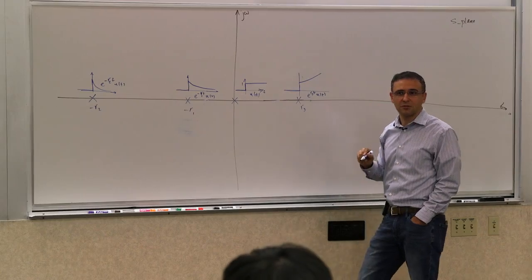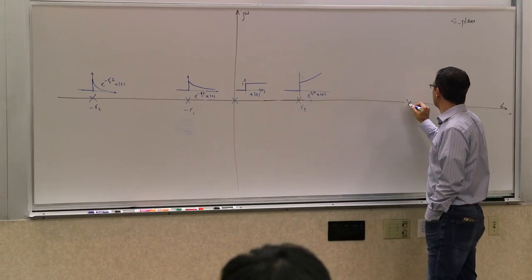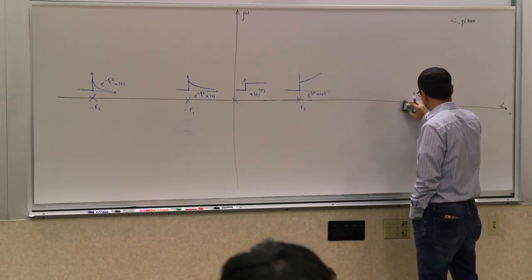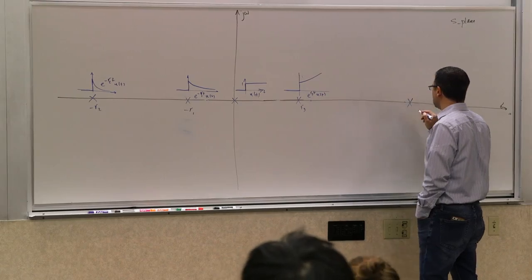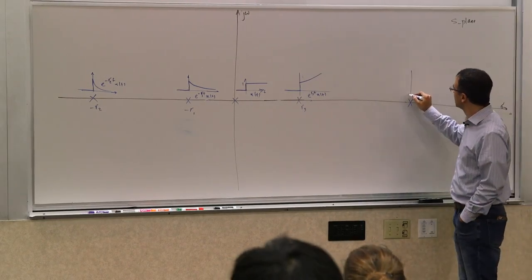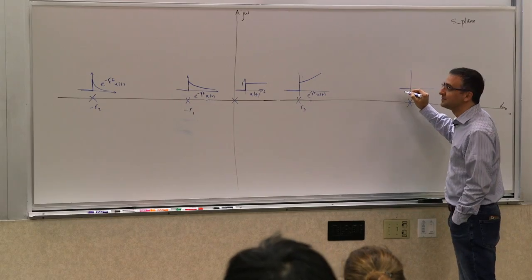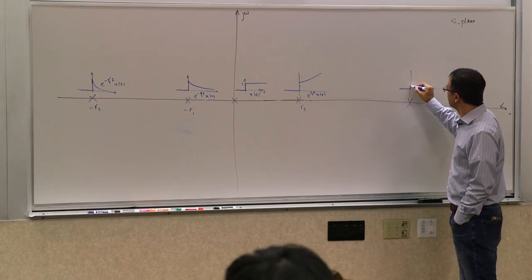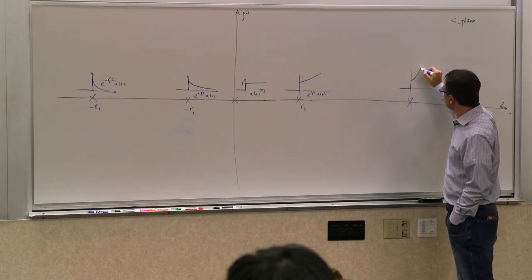So it's going to be an exponential. And if I put one down here, what would that look like? That looks like a double pole. But how would that look? What's the impulse response of this system? It's an exponential that just grows faster.